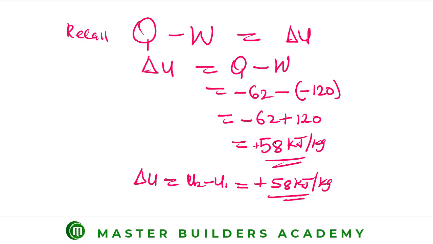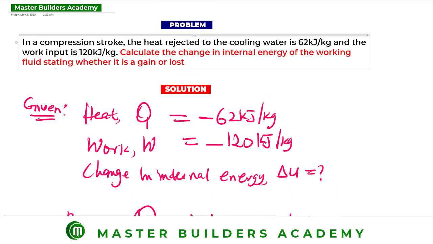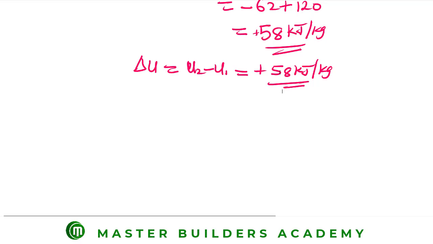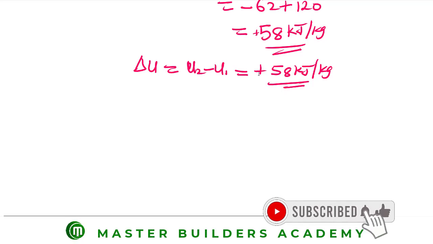This is it. So now, if you are asked, when you check the question, to state whether it is gained or lost, remember that the internal energy is gained when it is positive and it is lost when it is negative. Hope you understand the condition.